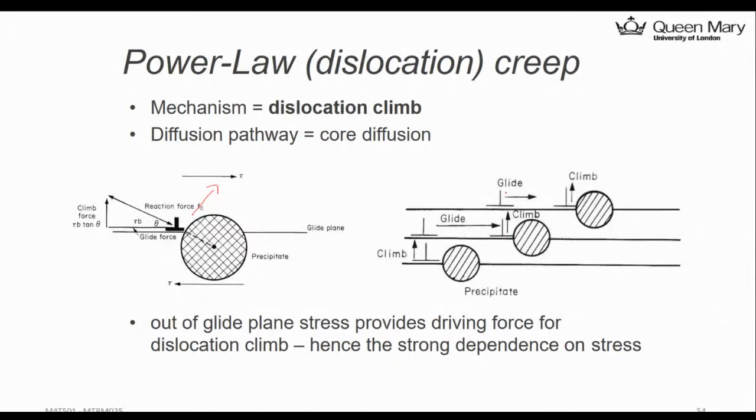So that it goes in the vertical way so that it can overcome these obstacles and particles. Okay, it's like an out-of-glide-plane stress, basically, because you apply a stress in that direction, which helps this dislocation climb.